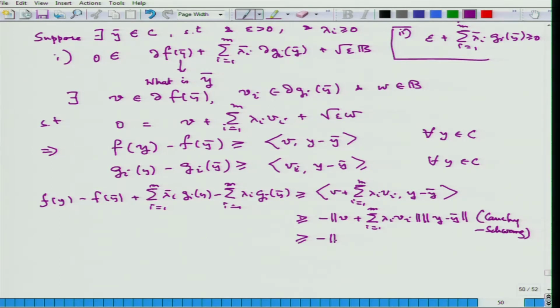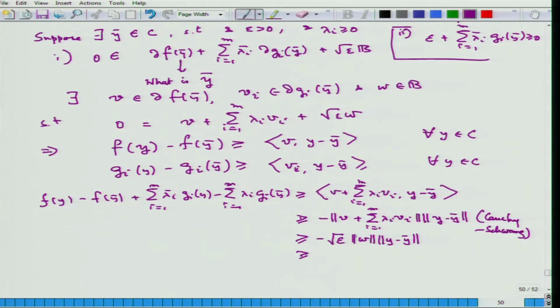So, it will become minus of... right. This is what you will finally get.